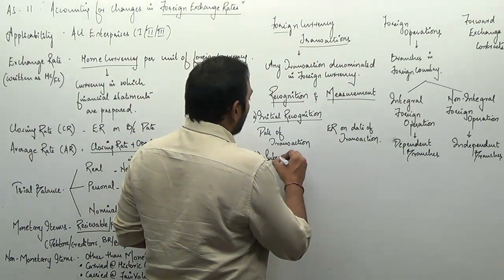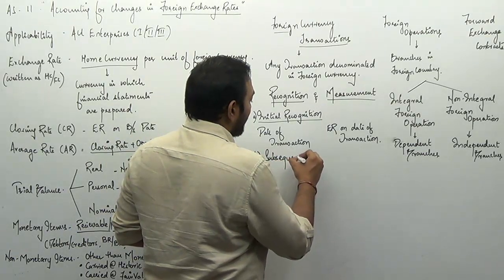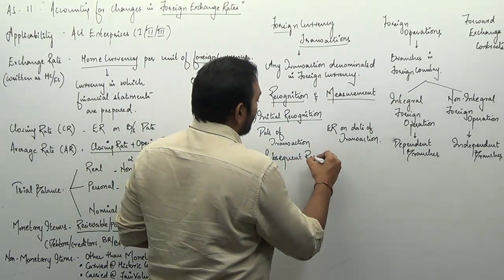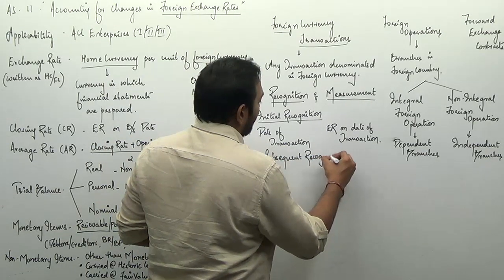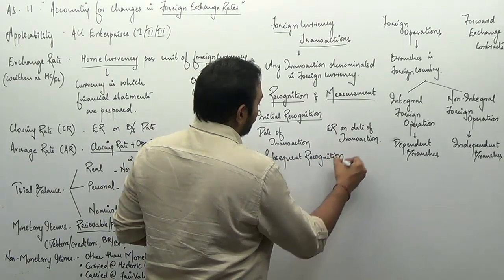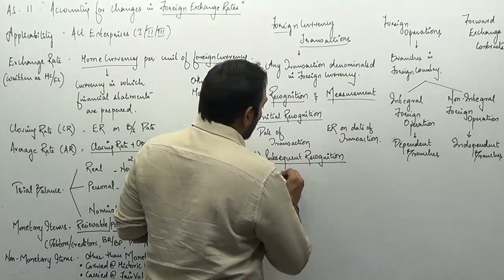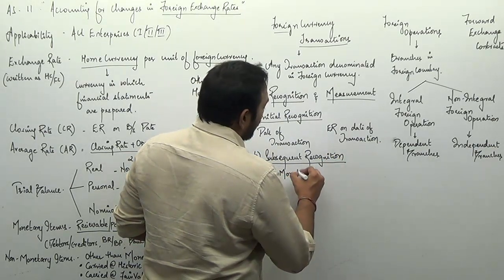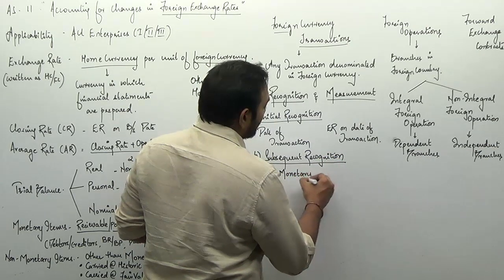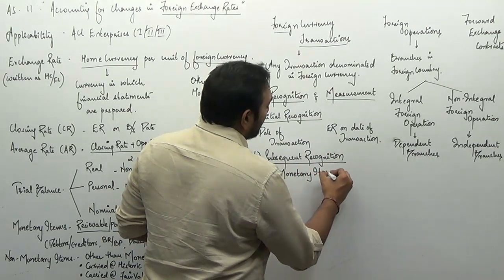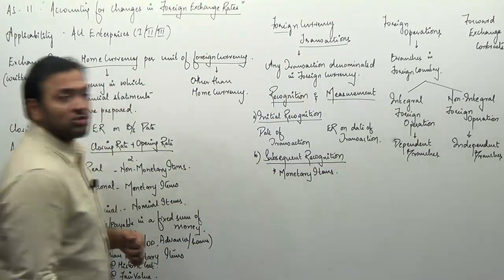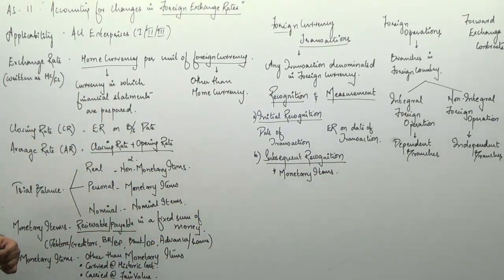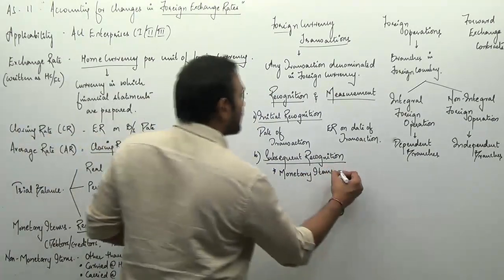Subsequent recognition then. Remember, subsequent recognition should be done only for monetary items. It cannot be done for non-monetary or nominal items, always only for monetary items.